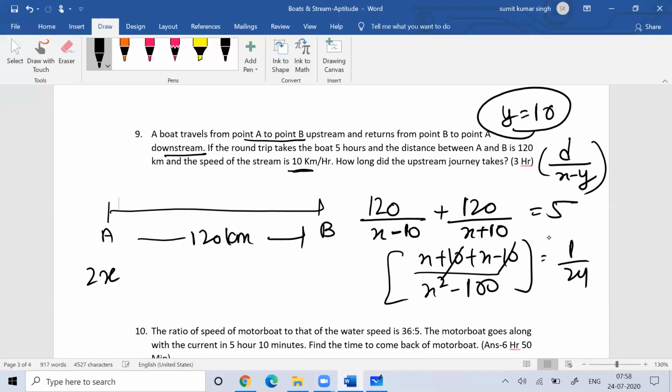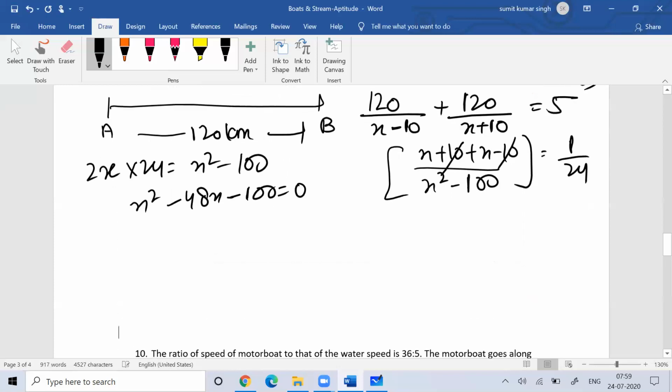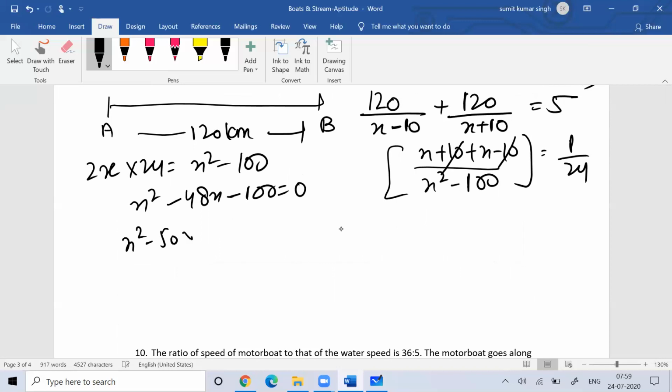So 2x into 24 is equal to x square minus 100. So I'll get the equation x square minus 48x minus 100 equal to 0. I need to solve this equation. 100 means 50 times 2, so x square minus 50x plus 2x minus 100 equal to 0.